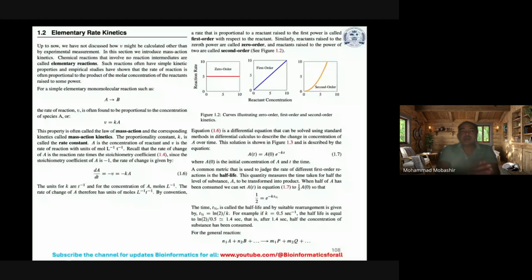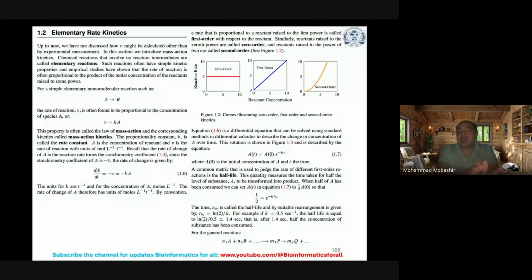Now, here, kinetic properties and empirical studies have shown that the rate of reaction is often proportional to the product of molar concentrations of the reactants raised to some power, 1, 2, 3.